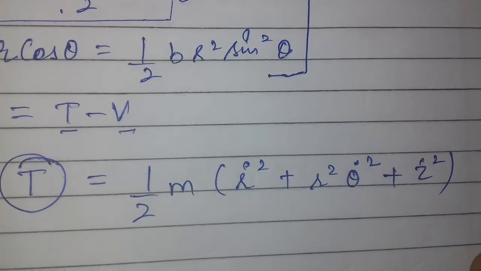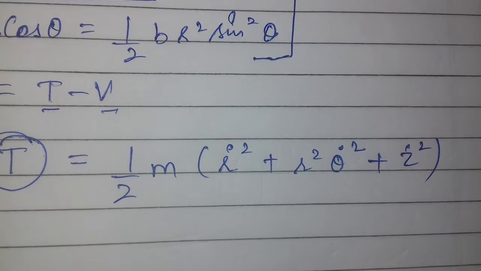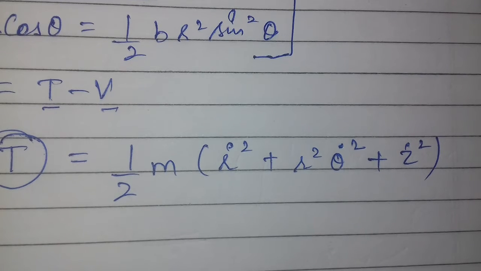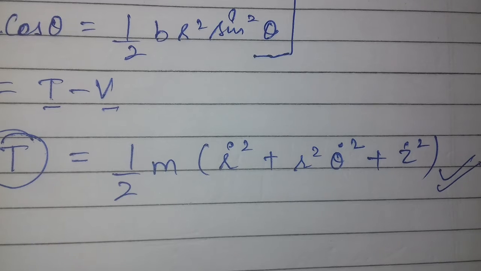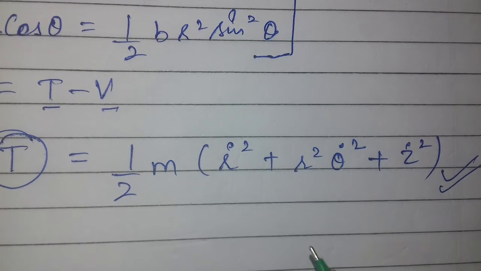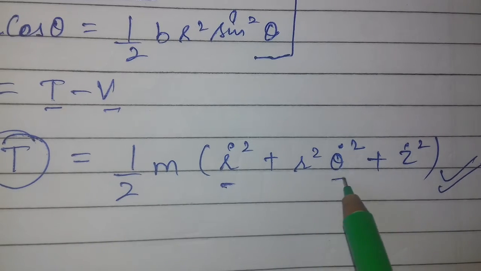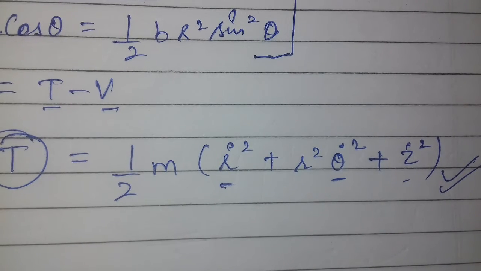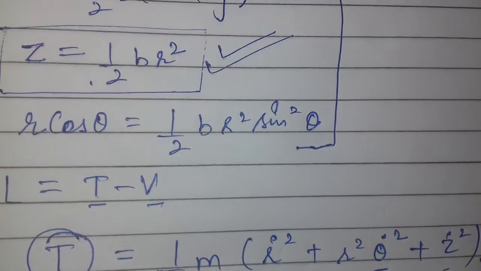But here there are dot terms, how many? 3. So 3 generalized coordinates it is representing. But this system is allowed only 2 degrees of freedom. That means one dot term you have to reduce.